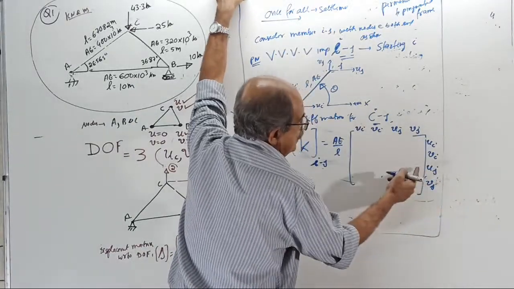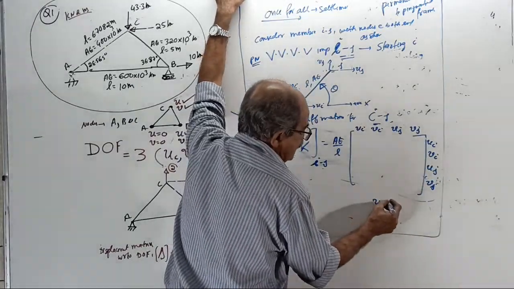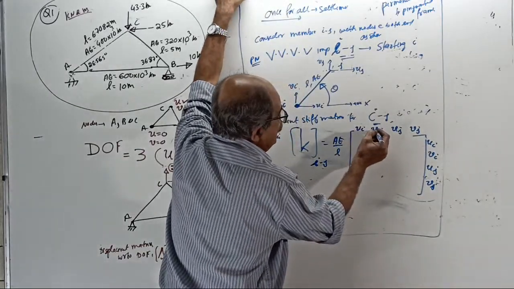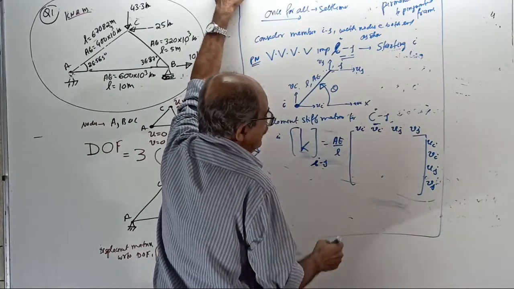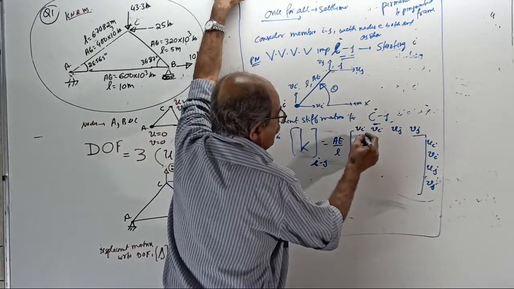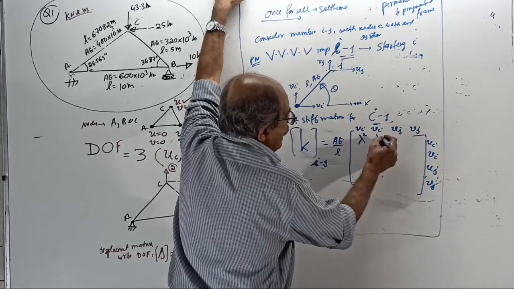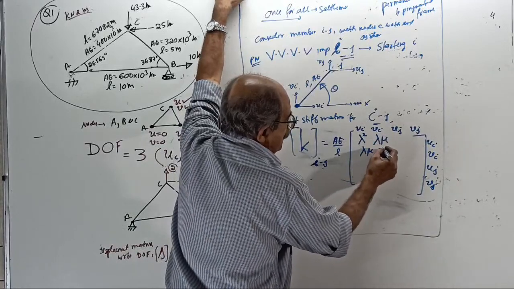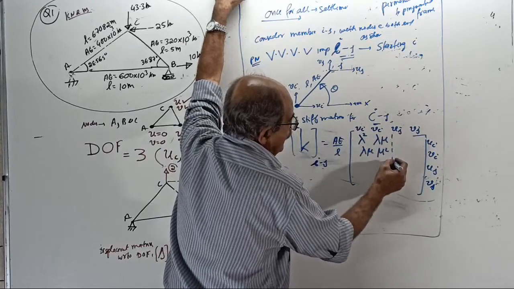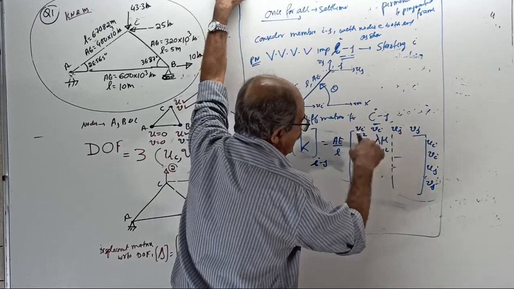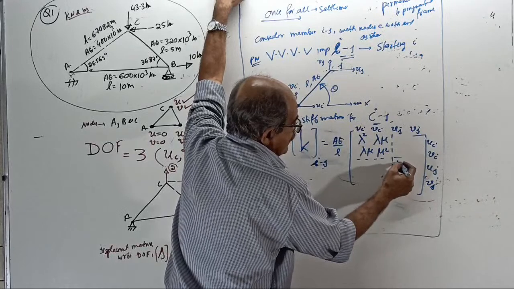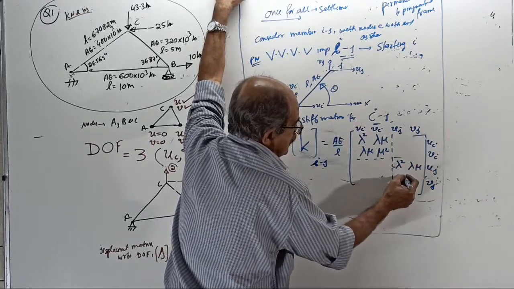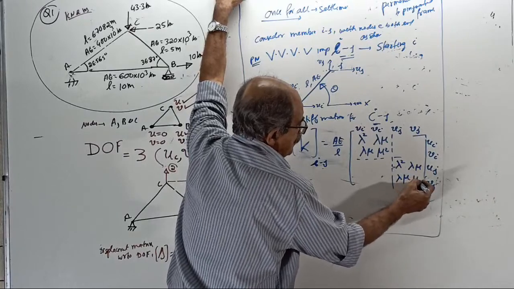Be careful with U and V. U is like this, V is like this. Both look the same, but in V you can see a curvature. Lambda square, lambda mu, mu square. Then go there: lambda square, lambda mu, mu square.